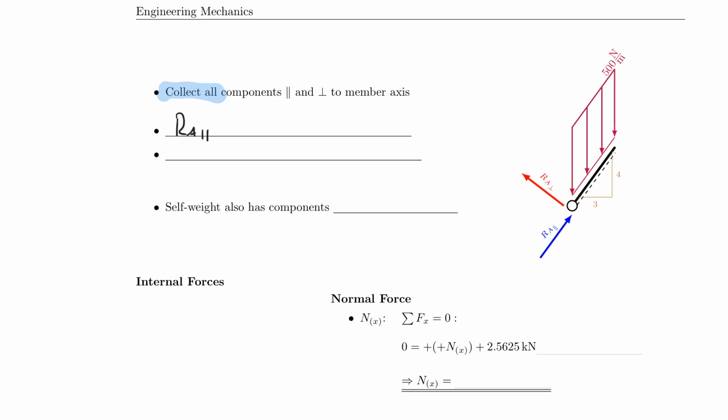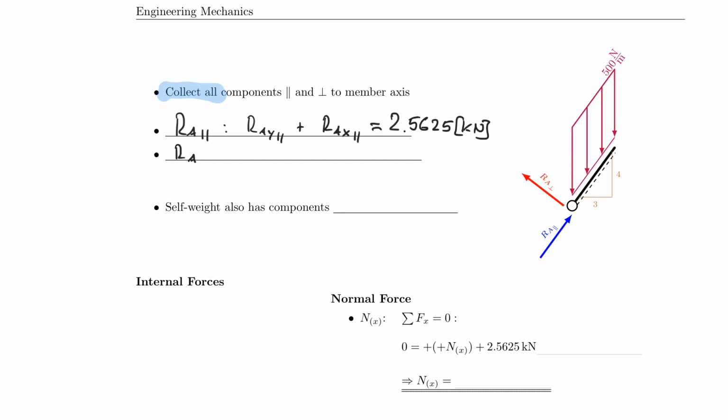So now that y and x is gone, I'm only looking at RA parallel, and I do that by RAY parallel plus RAX parallel. And if you run the numbers for that, you will end up with 2.5625 kilonewton.